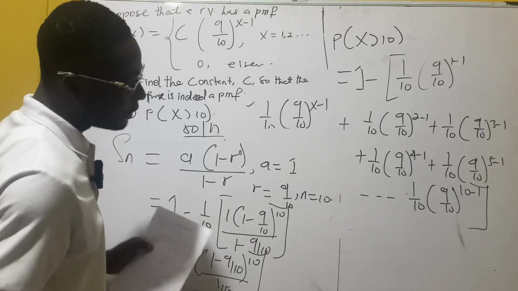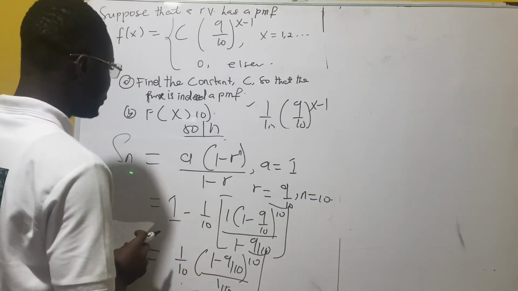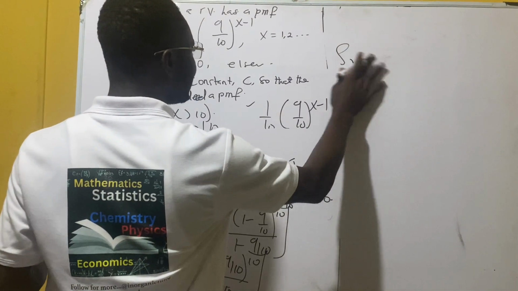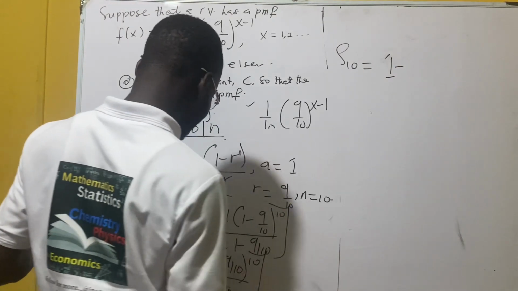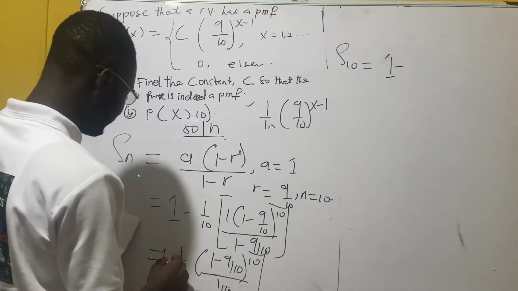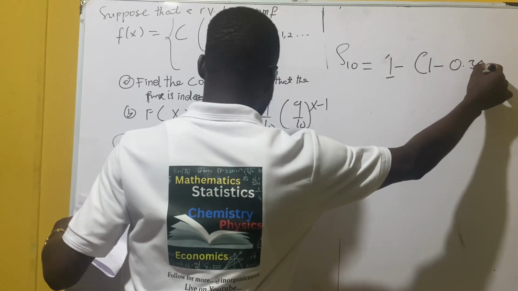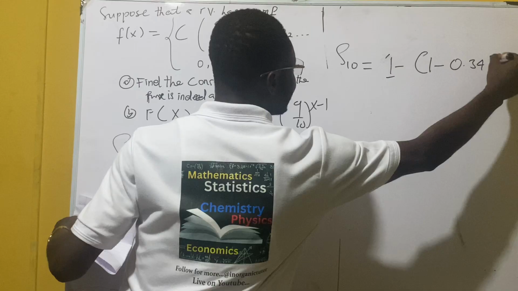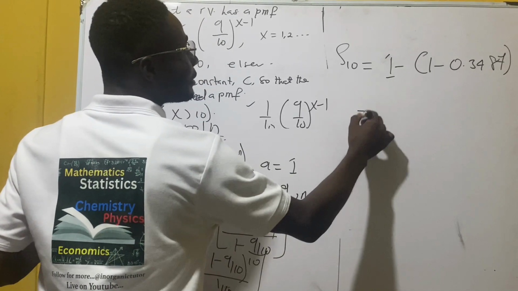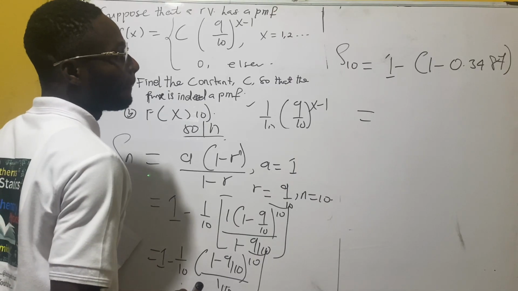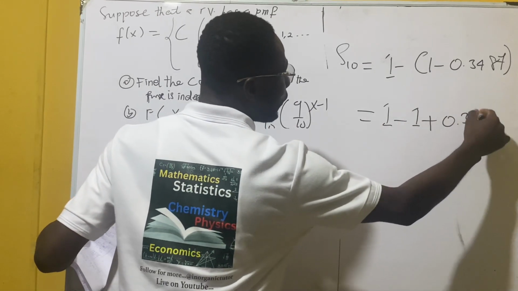So from here, we can say that our geometric sum Sn, where n is 10, is going to be 1 minus 0.3487. So you have 1 minus that, and when you expand this, you have 1 minus 1 plus 0.3487.